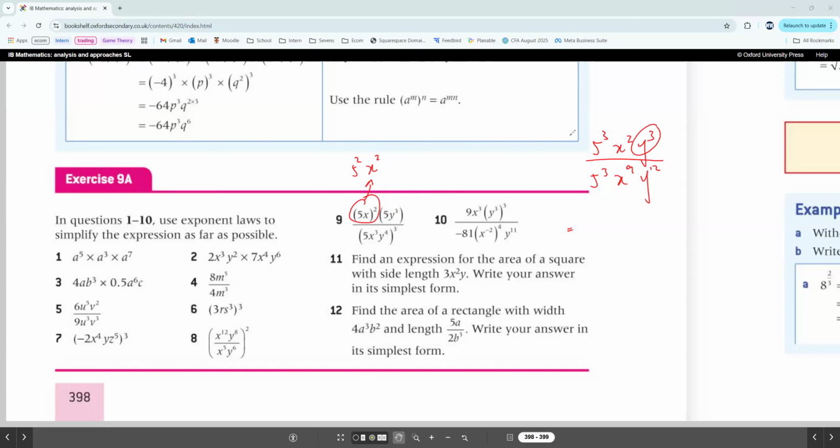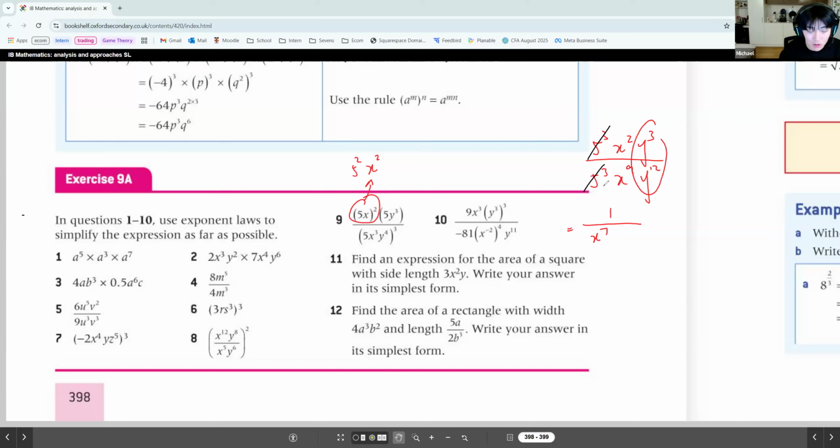Okay, bottom part is just expanding. So 3, 9, and then 12, right? And we can see that the 5s completely cancel out, right? And if we're trying to keep this as a fraction, 2 minus 9 is -7, or we have 7 on the bottom, right?